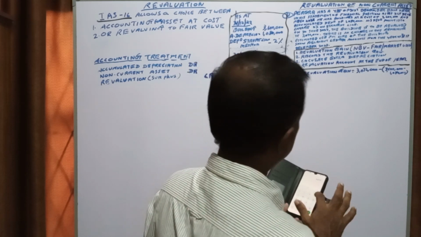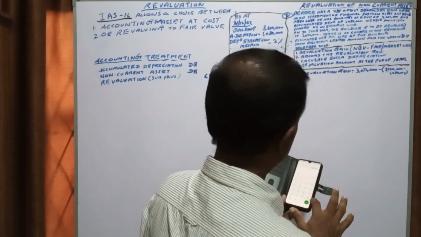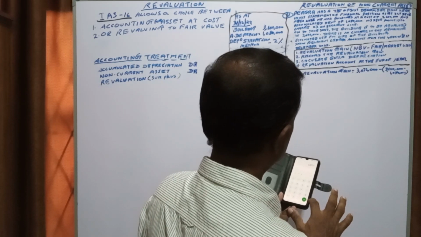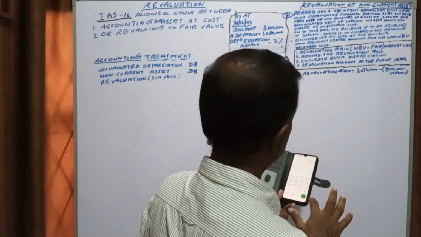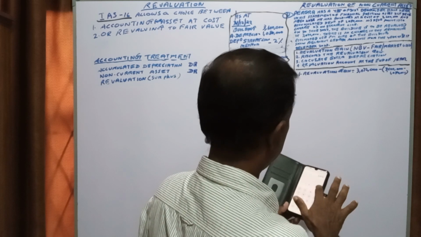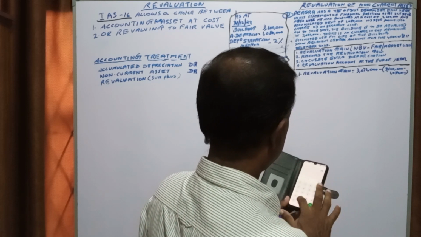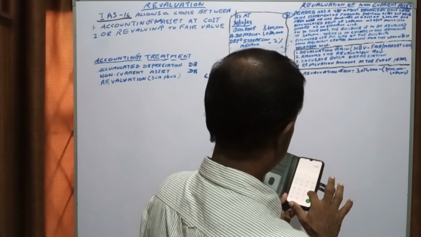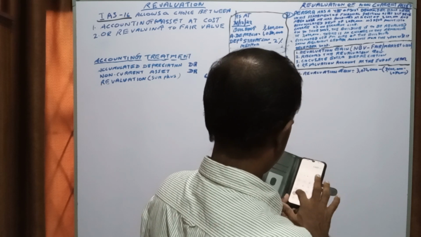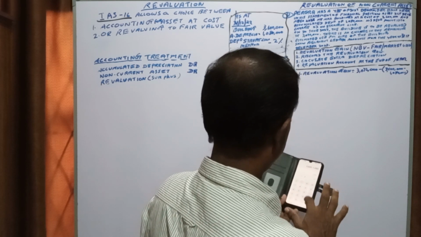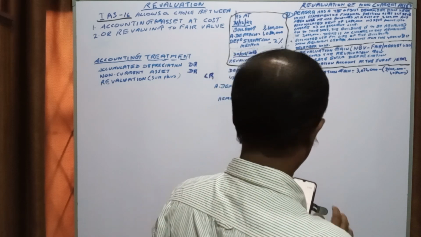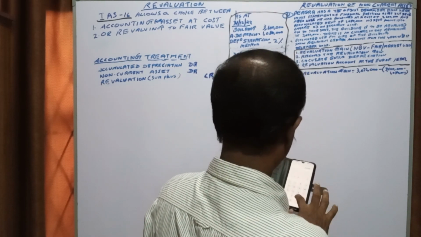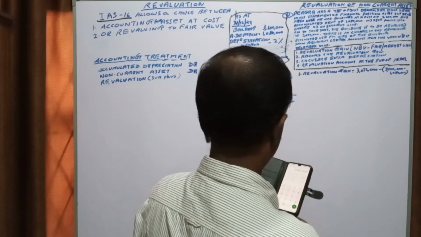3,072,000 minus 3,600,000 minus 1,080,000 minus 2,500... minus 3,072.